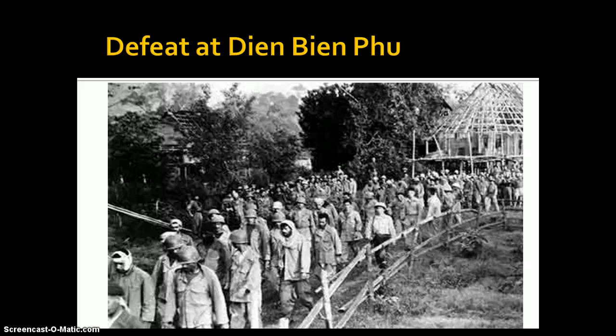His intention was to cut off their supply lines and force the Viet Minh into open battle. On May 7th, 1954, the French were surrounded there, and they fell to the Viet Minh. This last effort convinced the French to make peace and withdraw from Indochina.